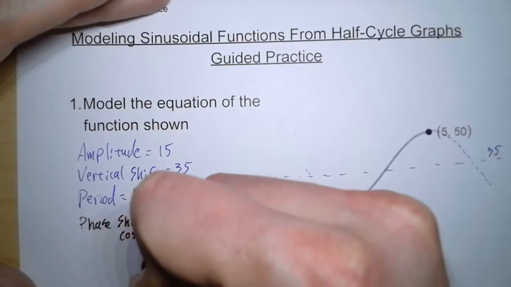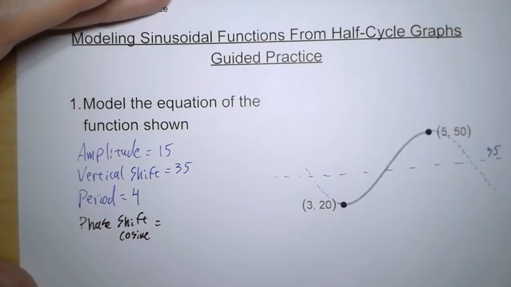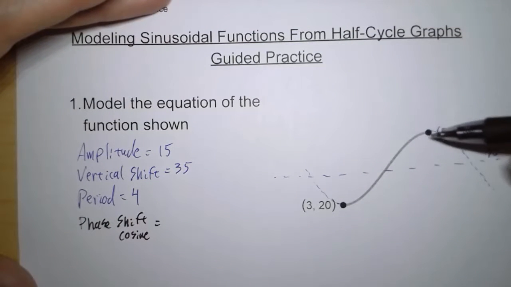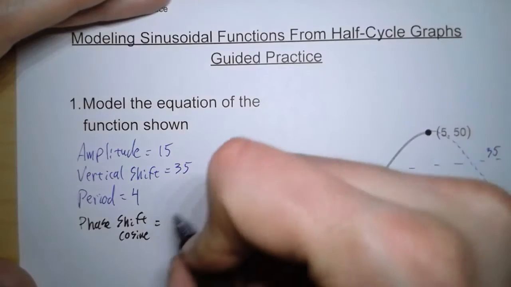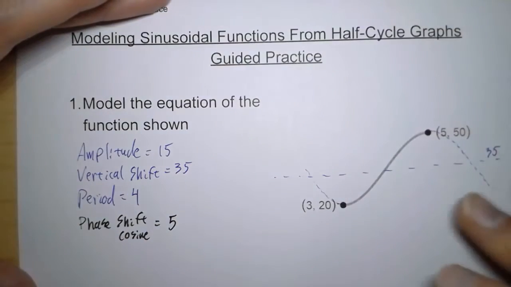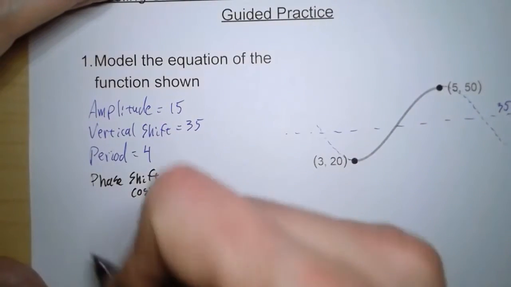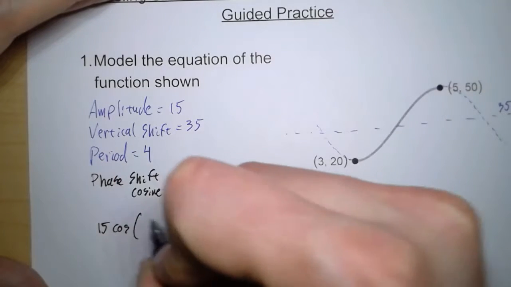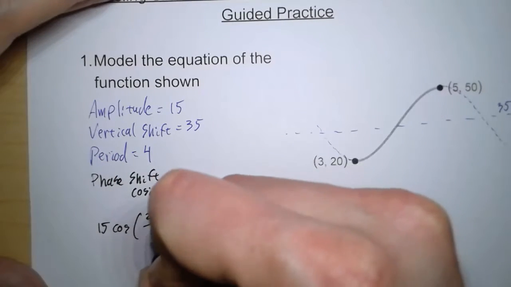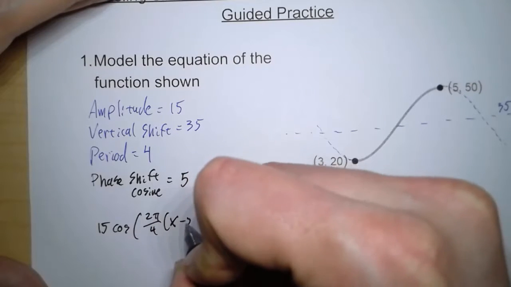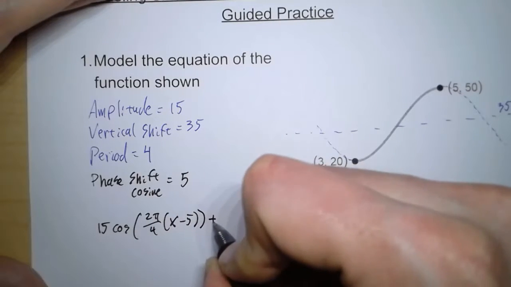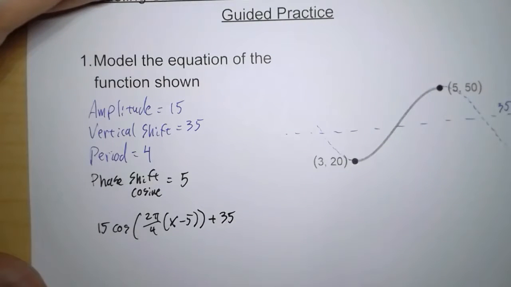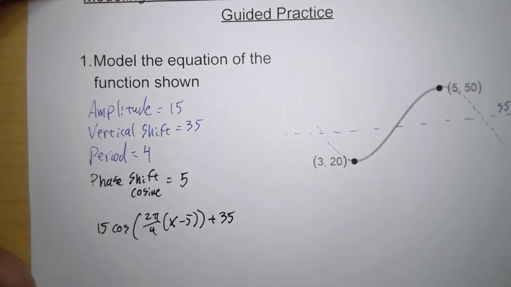Now, with cosine, we're looking for when the function has its maximum. That's going to be at 5. So this equation is going to be 15 cosine of 2 pi over 4 times x minus 5, plus 35. So that's one possible answer.